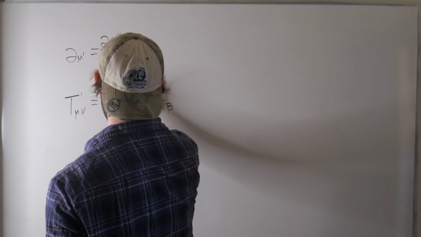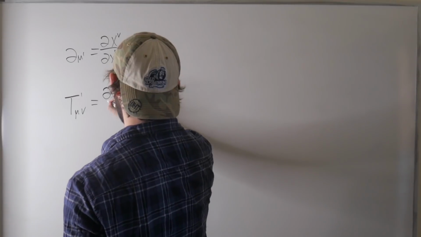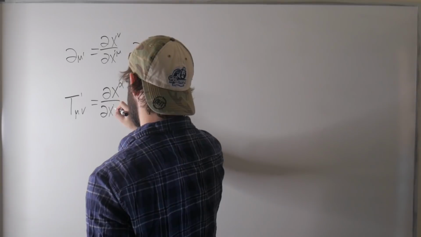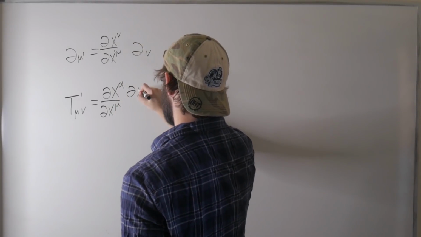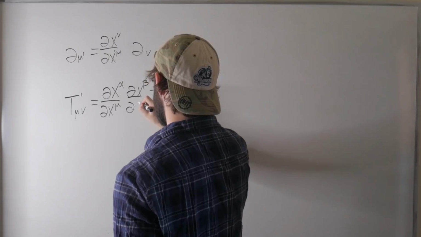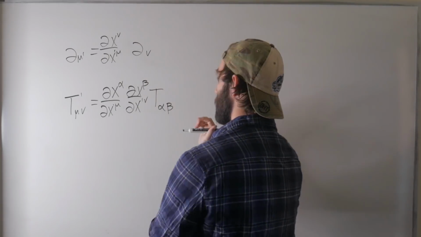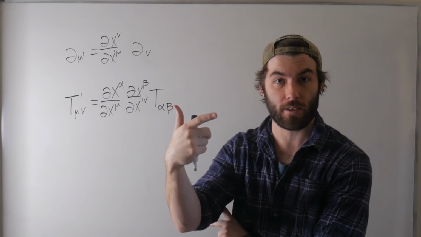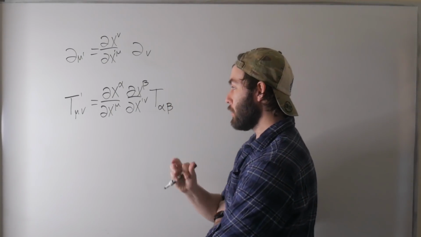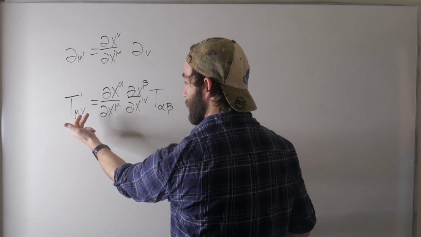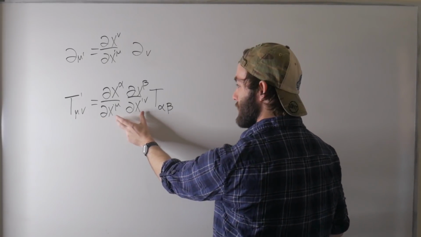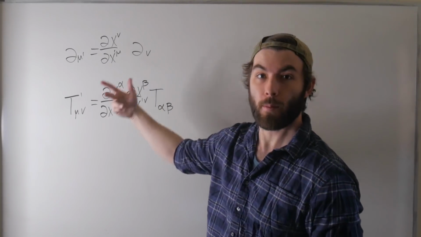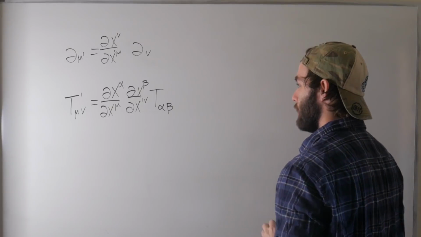So we're going to have a dx alpha, and the denominator should be this mu prime, dx, and then x beta over dx prime nu. So this is very similar to what we did for the two upstairs indices tensor transformation rule. The only difference is since we need them to survive with downstairs indices, the displacements with respect to the prime coordinates have to be in the denominator here.